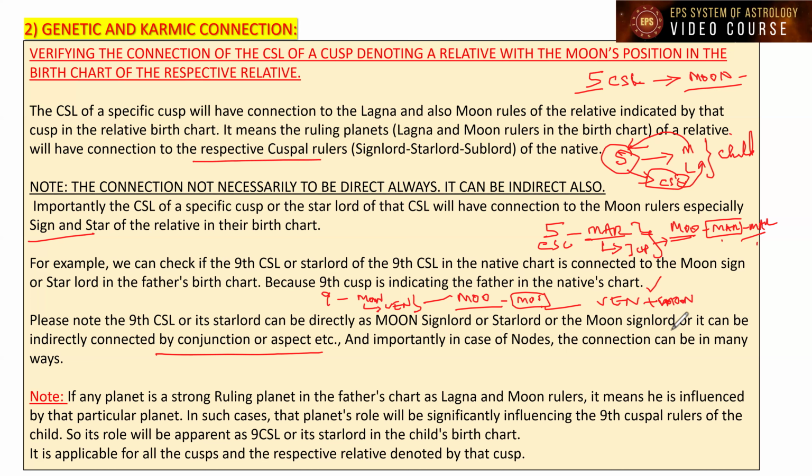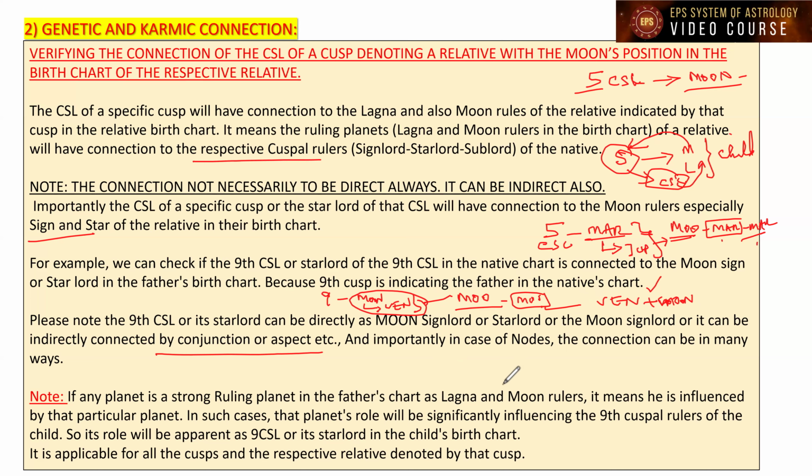Either way, directly or indirectly, the ninth cuspal sublord and its star lord, either as a sign lord or star lord, or by conjunction or aspect, if they are all connected, that is also sufficient. This is as per the rule.